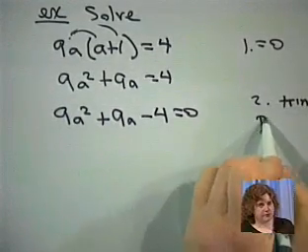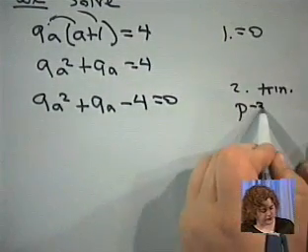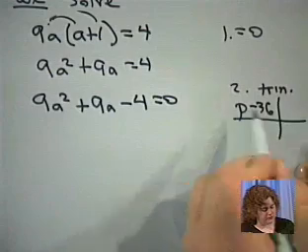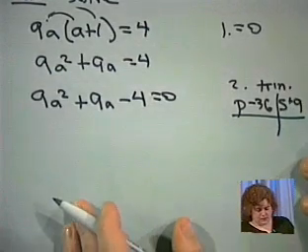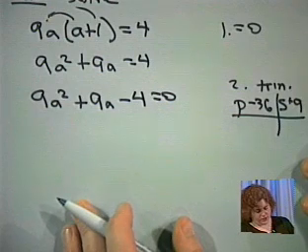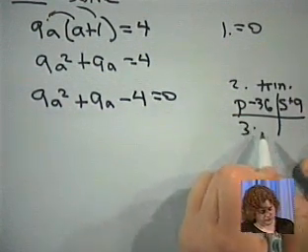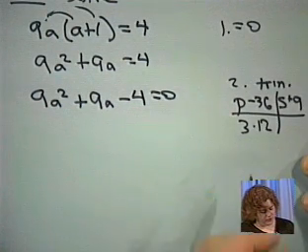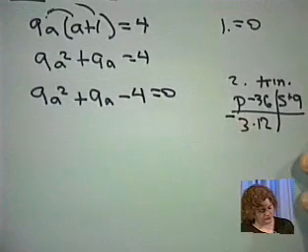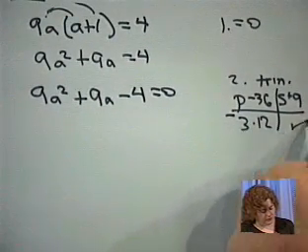My product is going to be a negative 36, and my sum is going to be a positive 9. What can I use for that? 3 and 12. And I want the 3 negative, and those will add up to a positive 9.